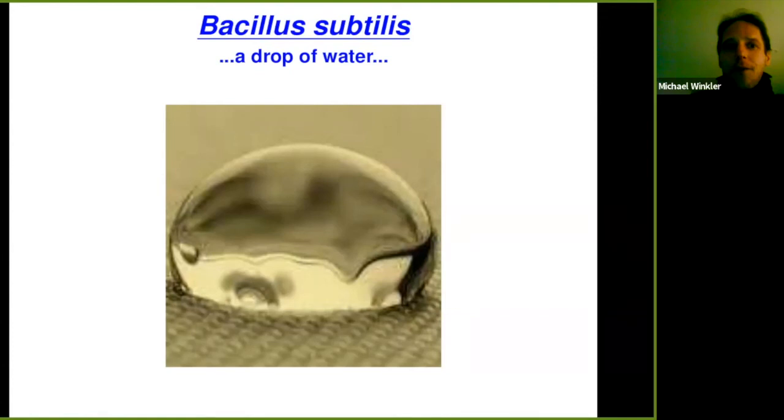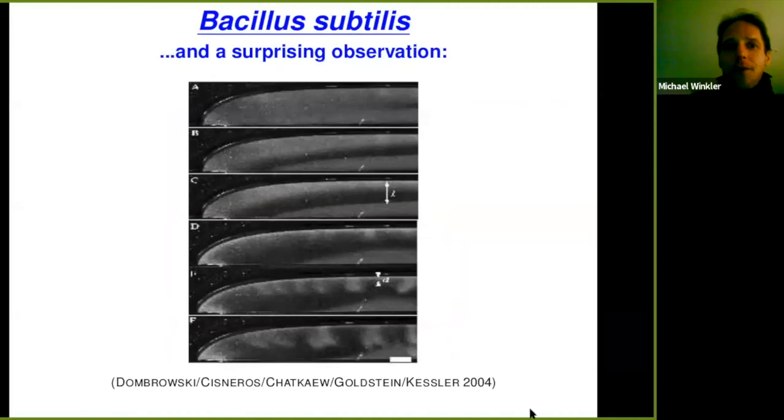And what has been done not so far away from Bath, in Cambridge in 2004, was a series of experiments in the group of Raymond Goldstein. They took a photo of the droplet from the side. You see part of the drop from the side, and on top you see the beginning of the experiment. On the bottom you see the end, and you see that a more or less homogeneous distribution more and more becomes structured.